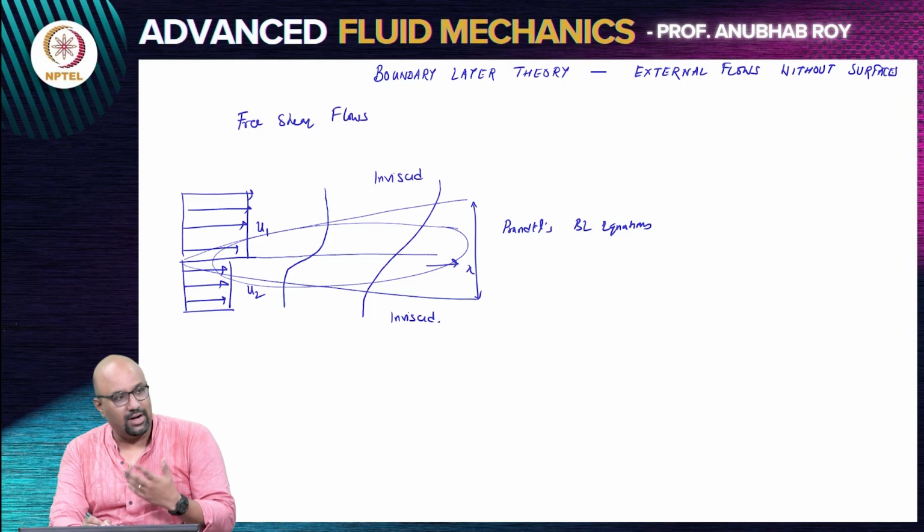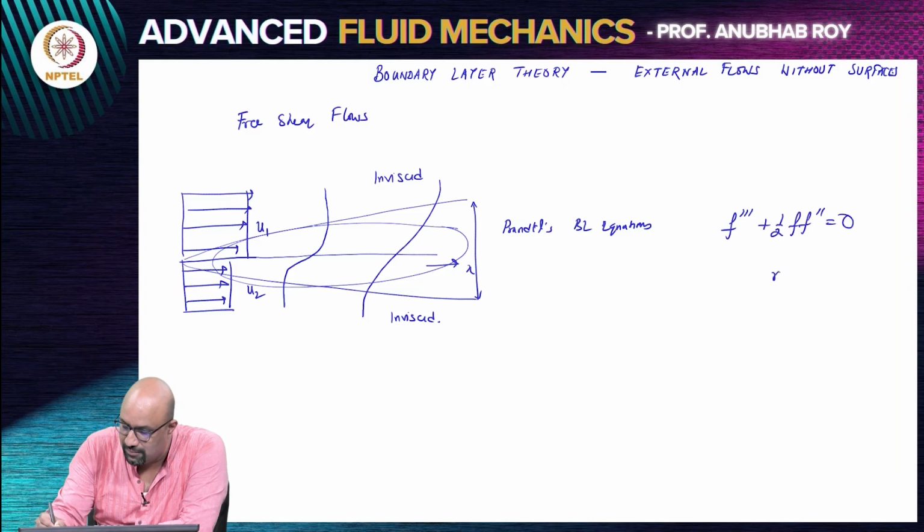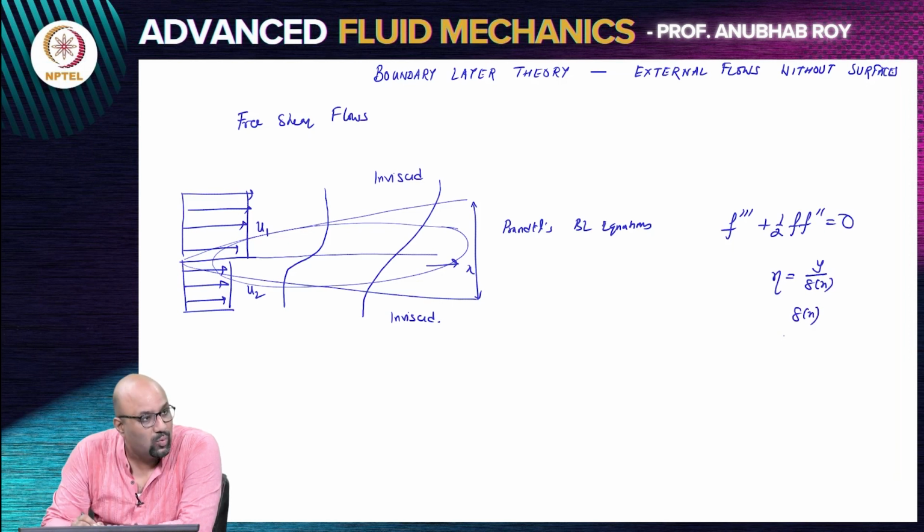So, the governing differential equation that we got from Blasius theory can actually be applied here also, and you would arrive at a similar equation, where now you have the boundary layer thickness basically growing as you move along the flow direction.